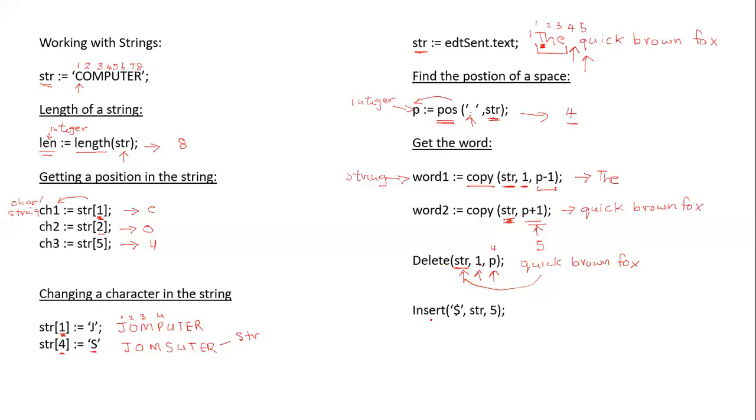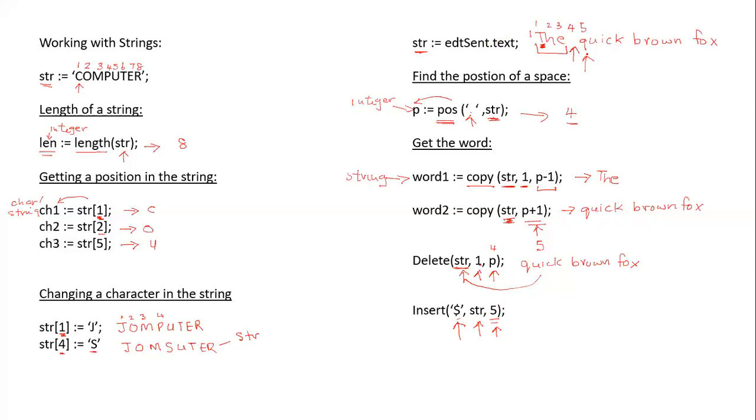Then we have insert. Insert works in some ways similar to pos, where we are inserting a particular character in a string, but it has a third parameter which tells you the position at which we are inserting it. So we are inserting a dollar into str, which is 'the quick brown fox', at position 5.